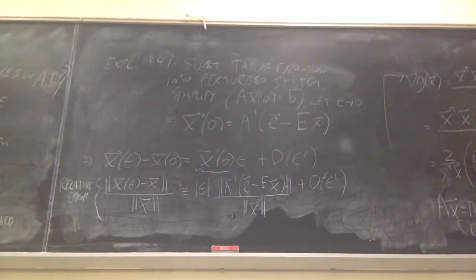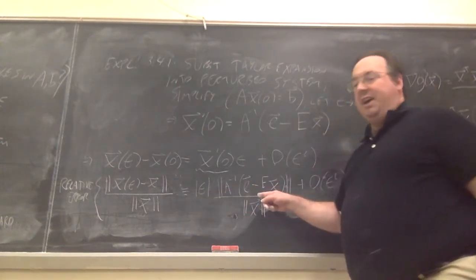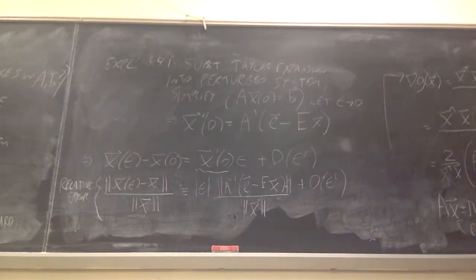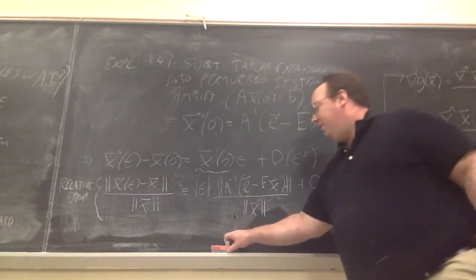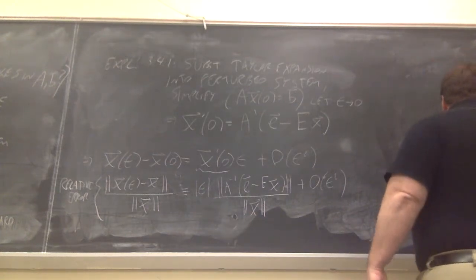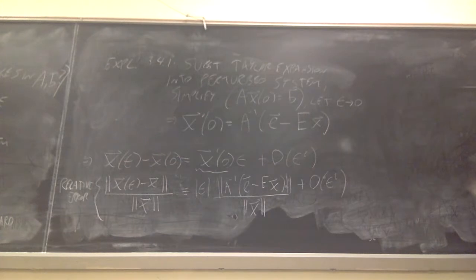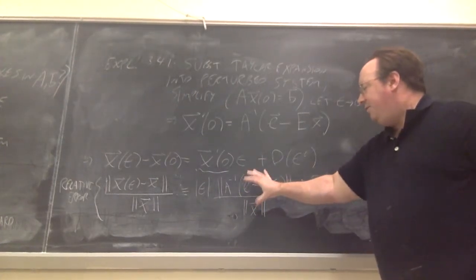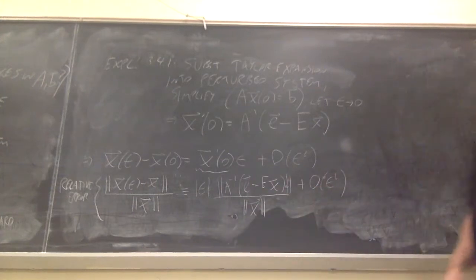So now I have an expression for how much this input error is amplified to get my output error, but I need to simplify this, get something meaningful. Because in the last semester, we had the concept of a condition number. It's the ratio of forward error to backward error. That's what I'm after in this case. So actually, this is the condition number. I just need a more meaningful expression for it. Okay.